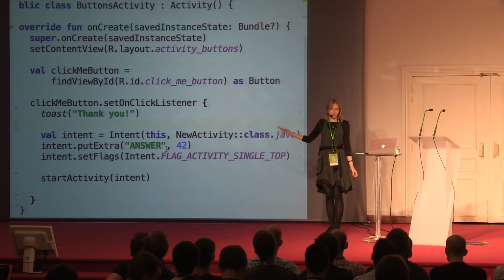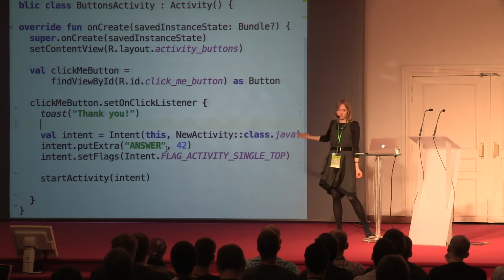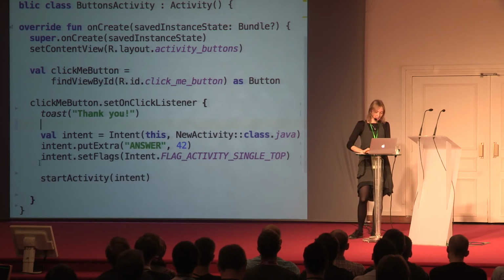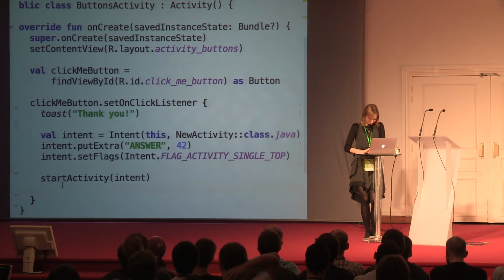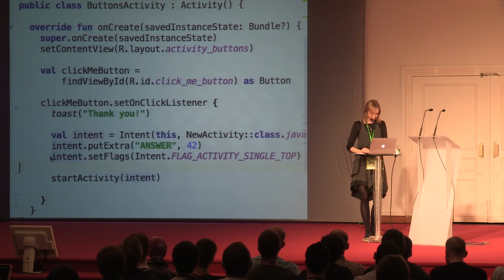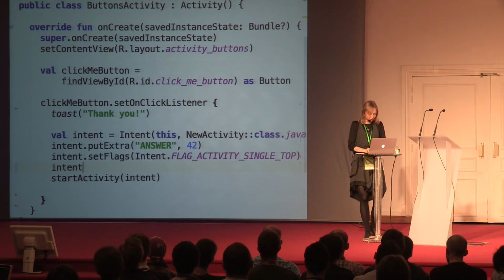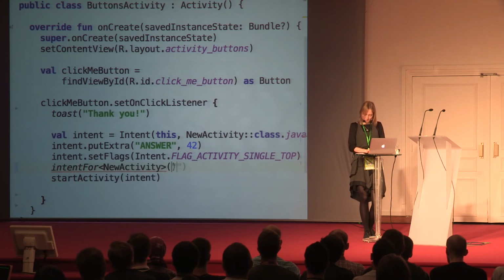You create an intent, you set some parameters, maybe you set some flags, and then you start an activity. In Kotlin, you can use a nice utility function, for example, like this.